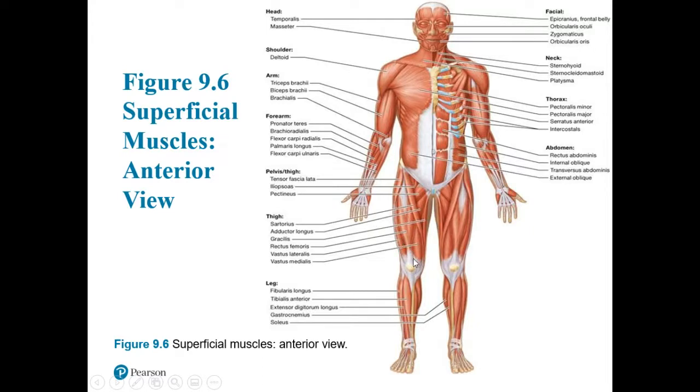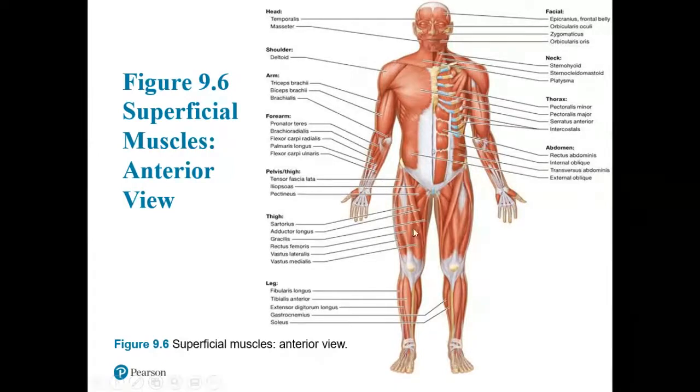Now the rectus femoris, vastus lateralis, vastus medialis, those three are involved in the quads. So those would mostly make up the anterior aspect of your upper leg. All right, so those nice muscles that come out if you run a lot, right?